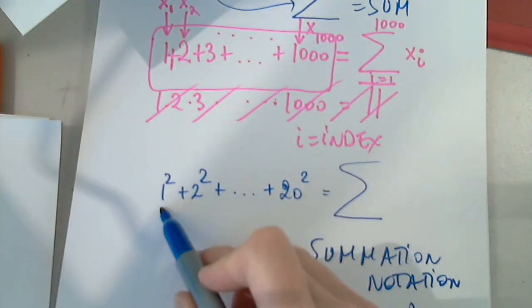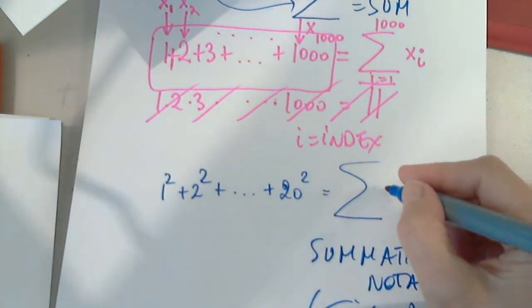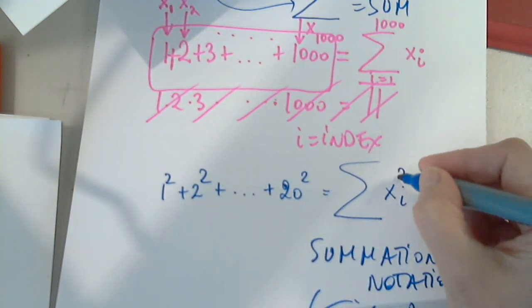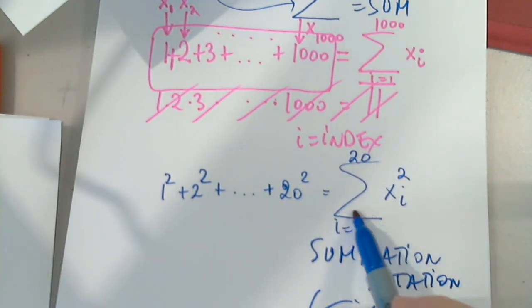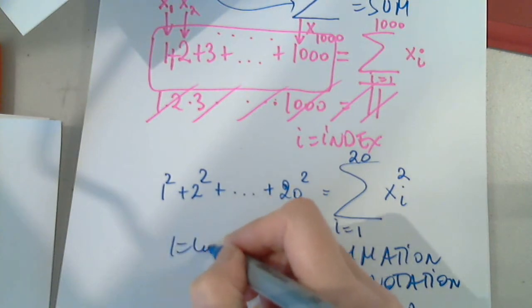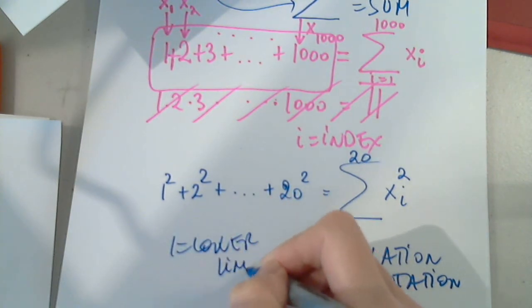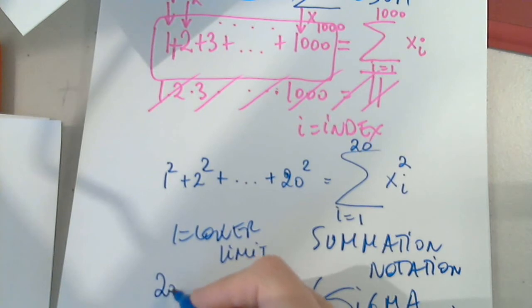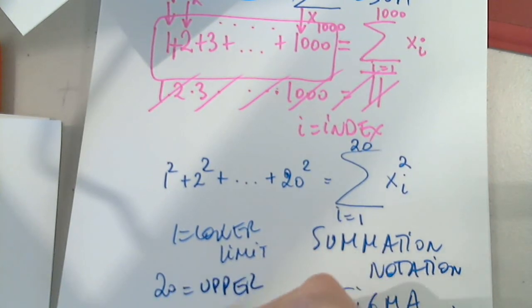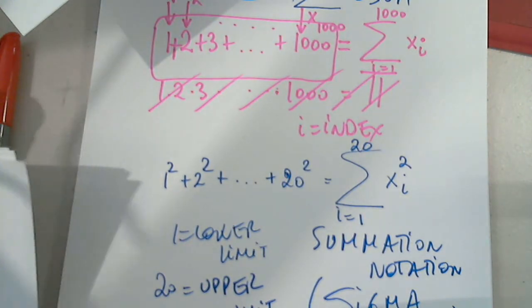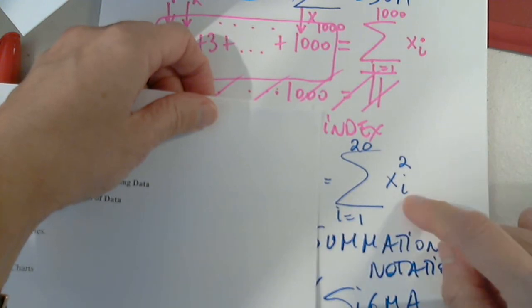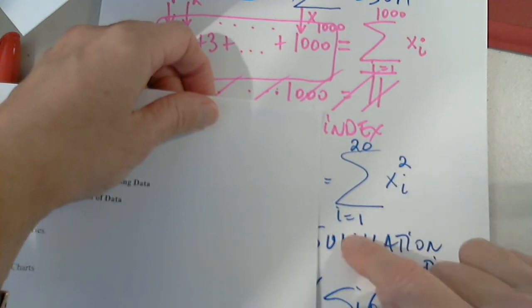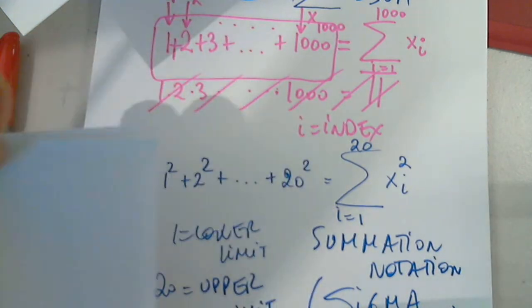How do I write this? This is xi squared, from I equals 1 through 20. So 1 is the lower limit, and 20 is the upper limit. When I is 1, I have x1. When I is 2, I have x2. When I is 3, x3.